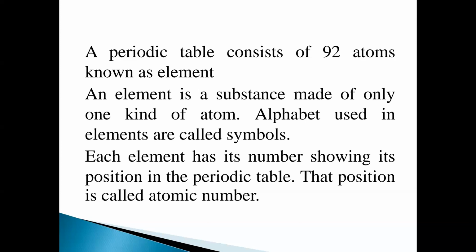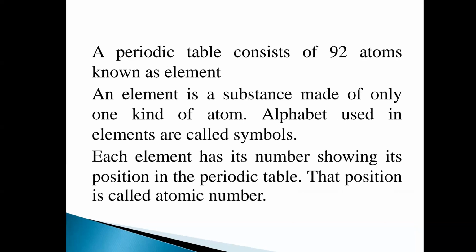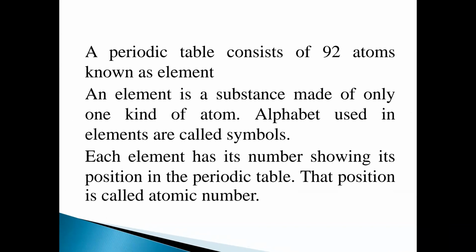Where we were now, we're talking about that the periodic table consists of 92 atoms, right? That's what we're talking about, known as elements. And then we say an element is a substance made only of one kind of atom, right? And then we said we all know the alphabet, right? A, B, C, D up to Z, but there's an alphabet that is used for naming elements.